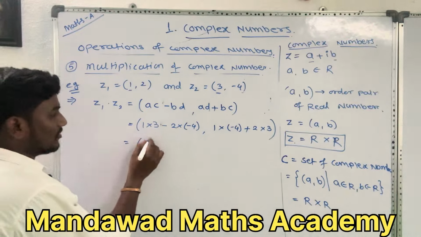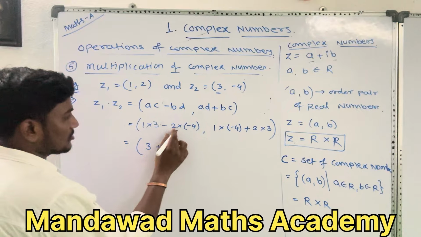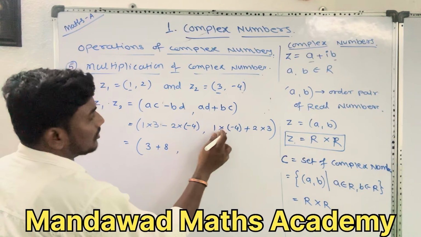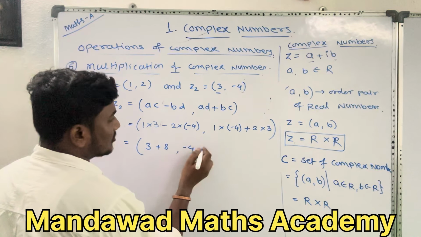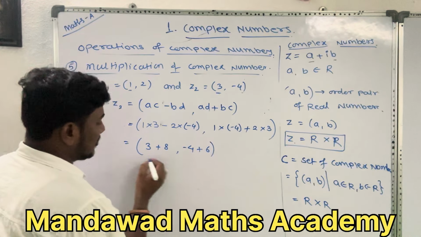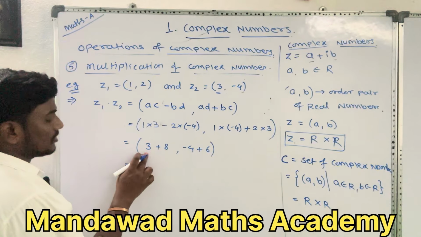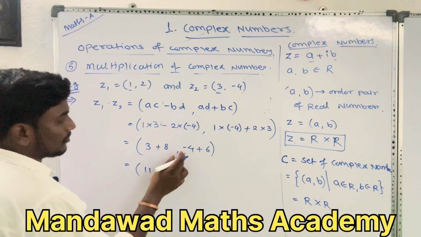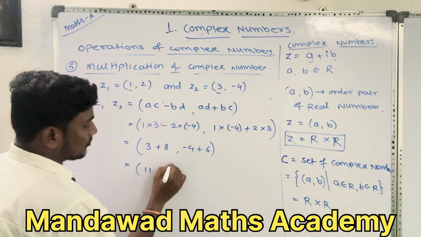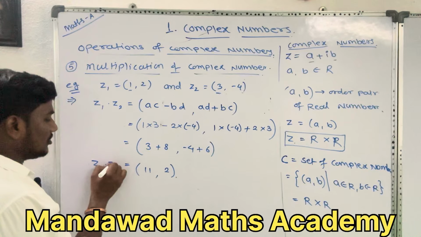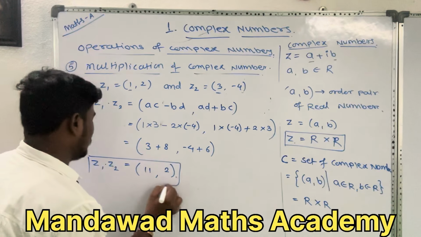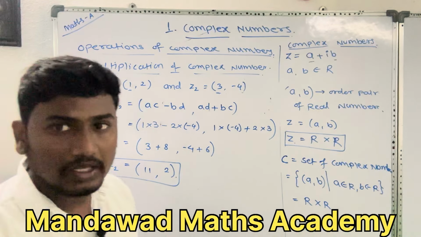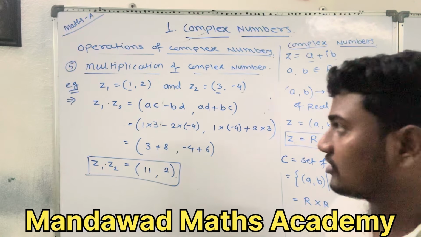So what do we get? 3 ones are 3, minus 2 fours are 8, and 4 plus 6. Here 3 minus 8 is minus 5, and 4 plus 6 is 10. So this is z1 into z2, the product of two complex numbers.